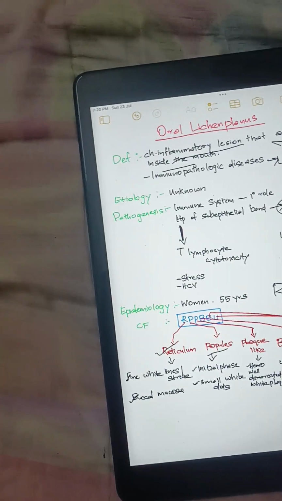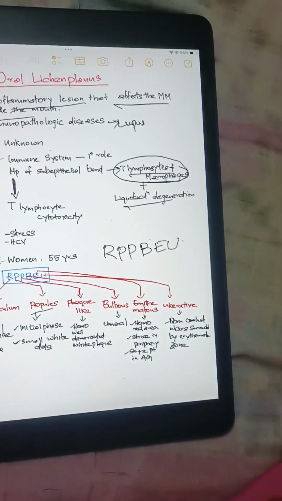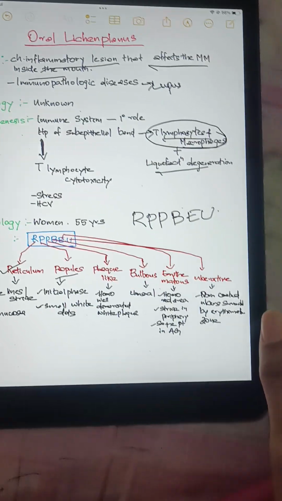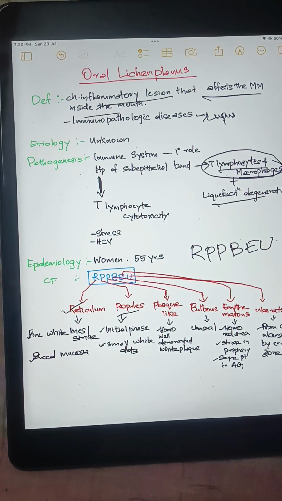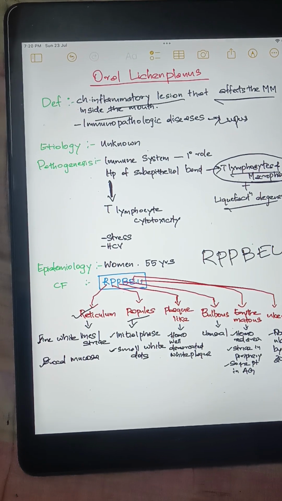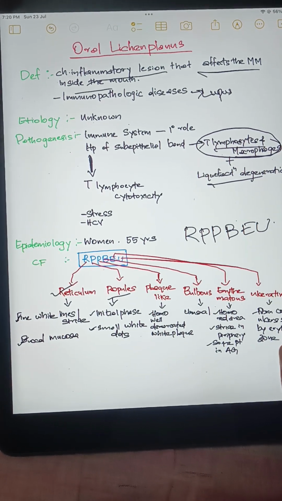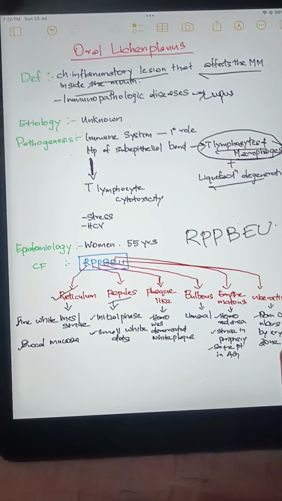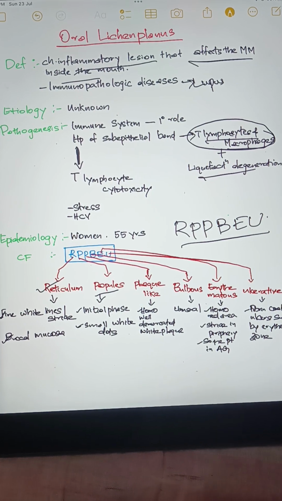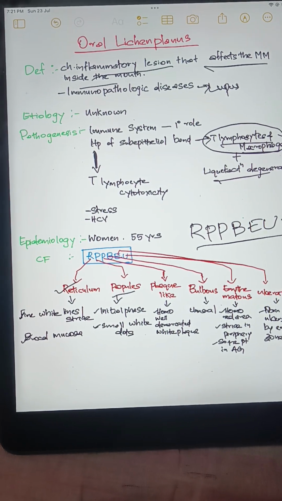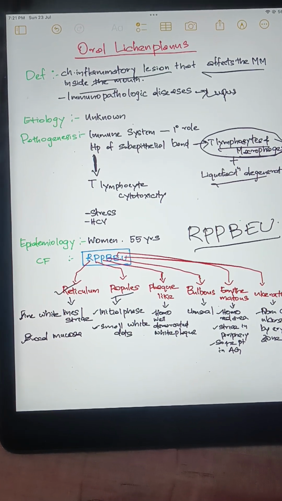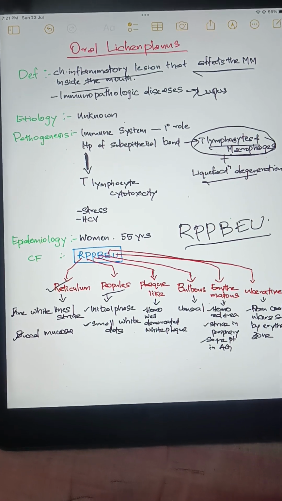Next are the clinical features. To memorize easily, you can remember it as RPPBEU. There are different forms of lichen planus.